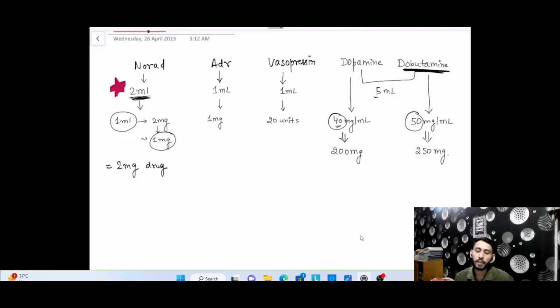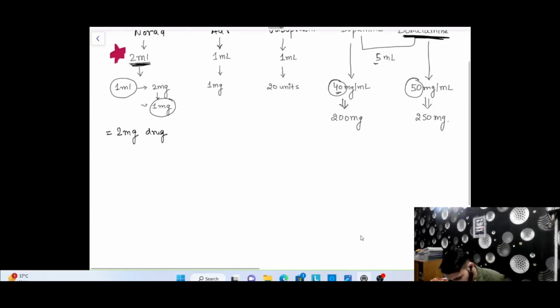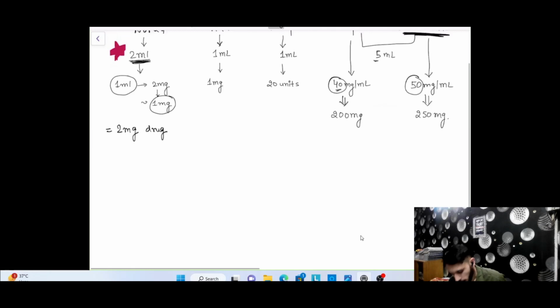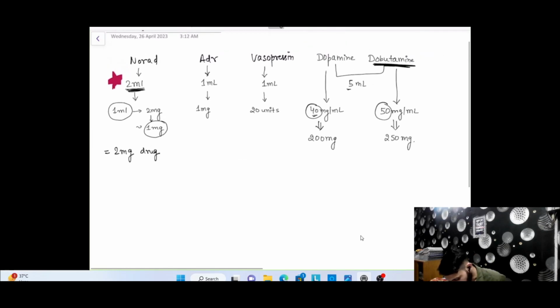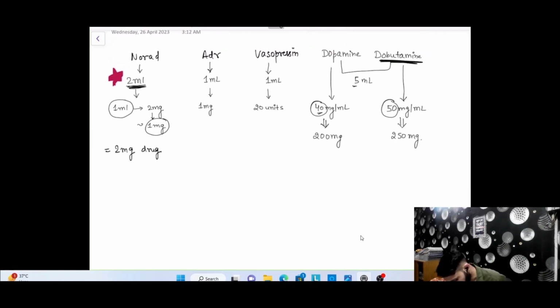Alright, so far we know the size of the ampules of these five, the per ml concentration, and finally the total amount of drug present in one ampule. The next important thing is the per kg per minute dose which we have to administer to a patient.